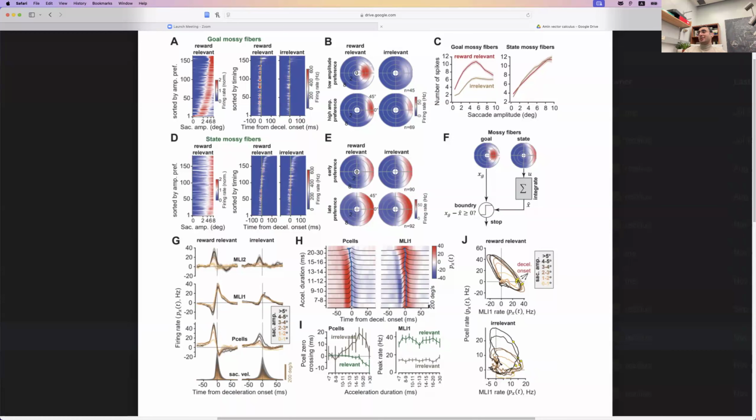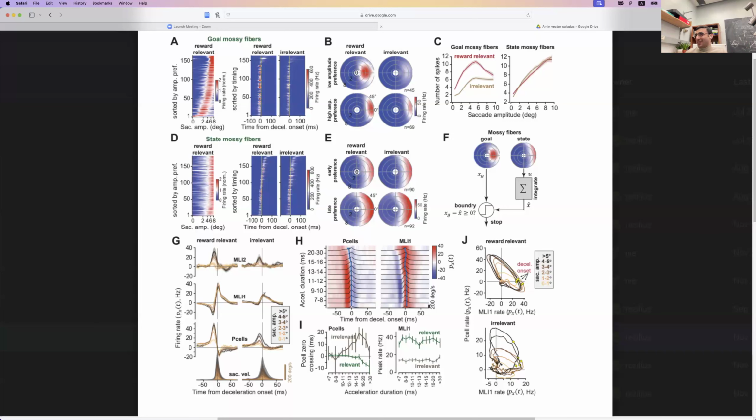I'm not sure. Well, my next question was going to be, how about for memory-guided saccades? Is it really that it's goal directed, or is it more that there's a visual target that the animal is saccading towards? Yeah, these are fantastic questions. You have an internal goal, obviously, for a memory-guided saccade.